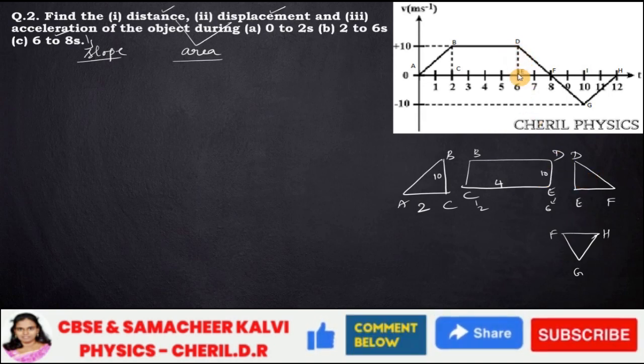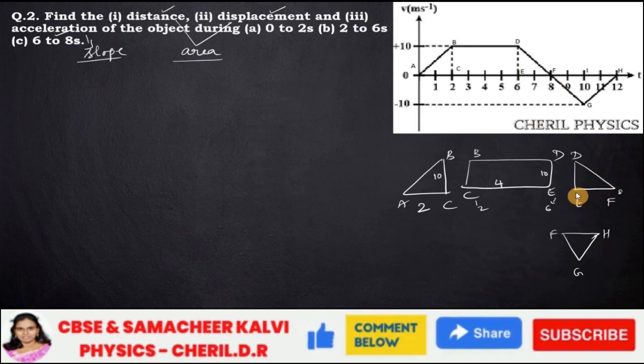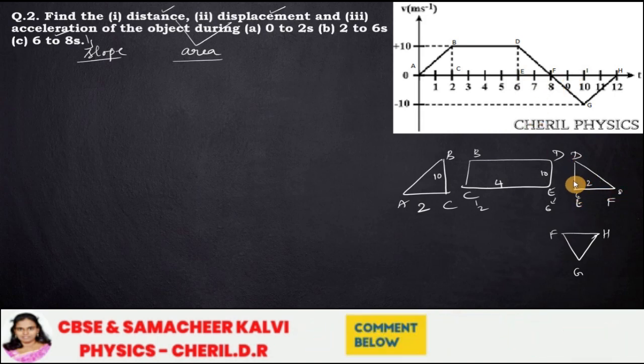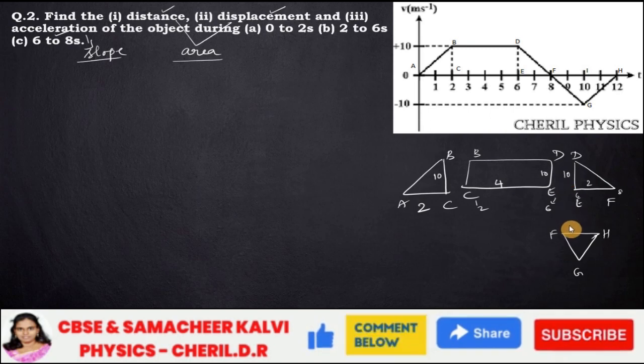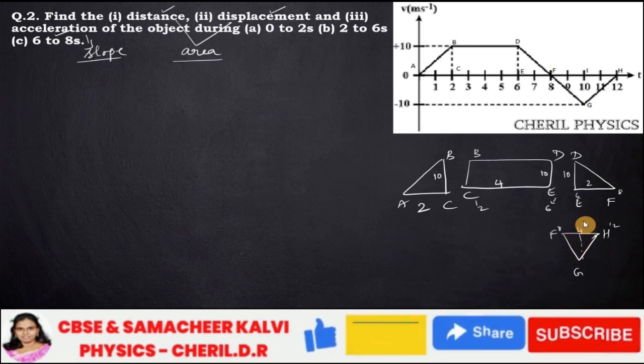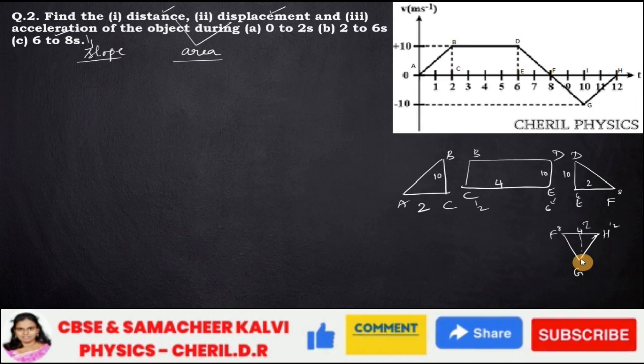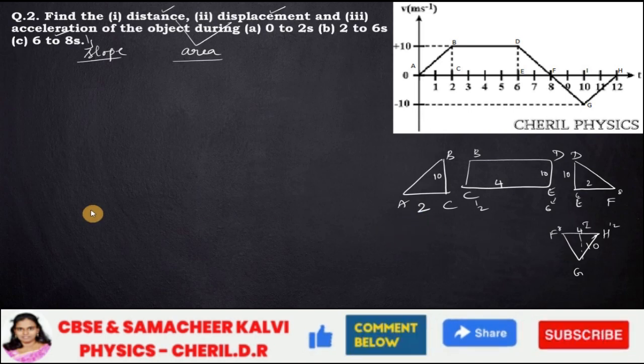Here you have DEF, the height is 10, and this is 8 minus 6, so 8 minus 6 is 2. And this one you have as 10, and this is 12 minus 8, so you have 4, and the height from point I, when you calculate, you are getting again 10. Thus we can find out the areas.